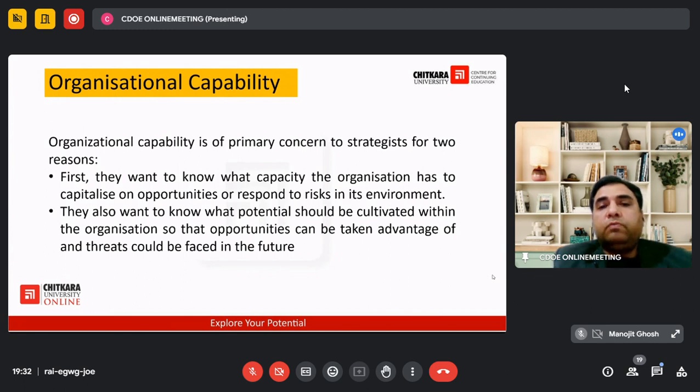They also want to know what potential should be cultivated within an organization. This is again going to be about behavior. It is again pinpointing the behavior of an organization: what potential should be cultivated so that opportunities can take advantage of the threats. If I ask you what the potential can be, it can be adapting to new technology.